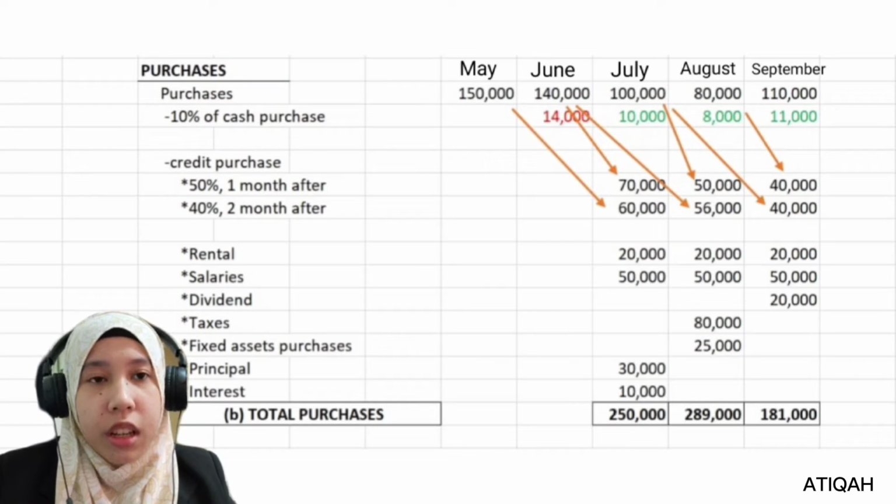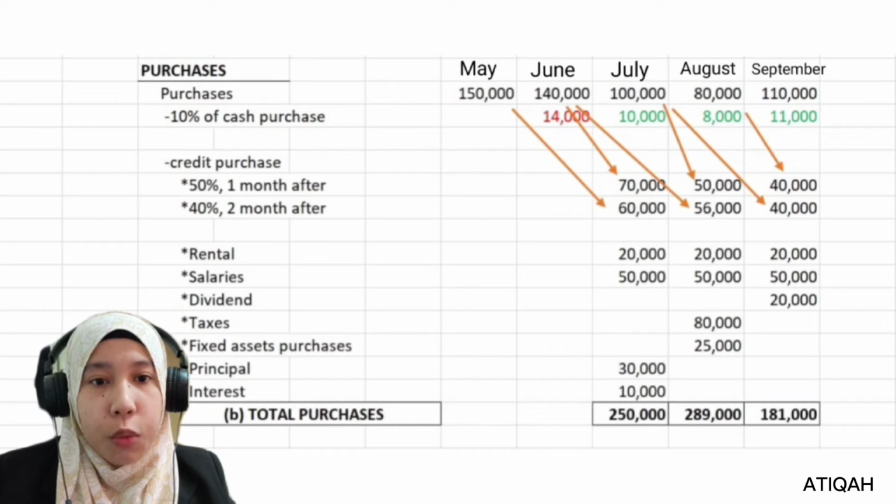For credit purchases, 50% will be paid 1 month after the purchase is made. Therefore, 50% of purchases in June, which is 70,000 ringgit, will be paid in July, 50,000 ringgit for July will be paid in August, and 40,000 ringgit for August will be paid in September.